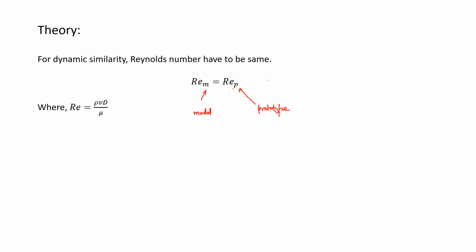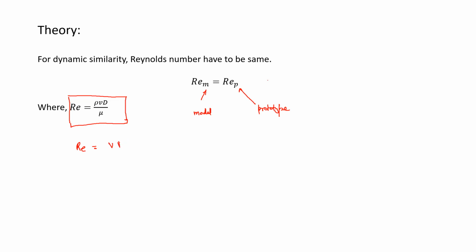And once you equate these Reynolds numbers for model and prototype, knowing that that is the formula for Reynolds number in a pipe flow. So this is rho V d over mu, where d is the diameter, rho is the density of the fluid, V is the velocity, and mu is your dynamic viscosity, and you can convert it into kinematic viscosity because that's what has been given in the question.